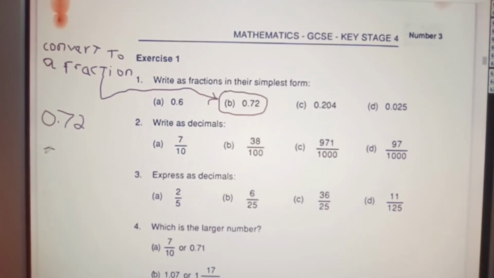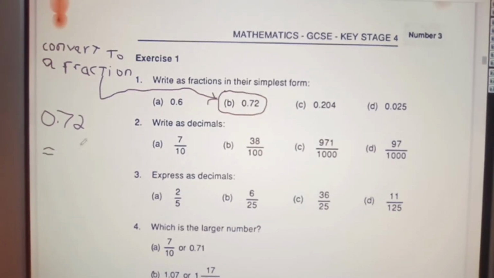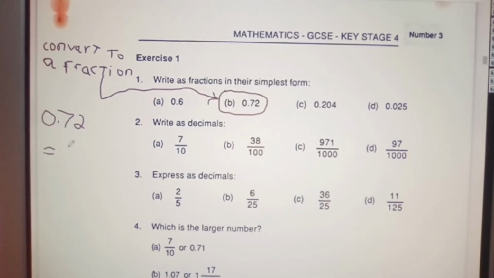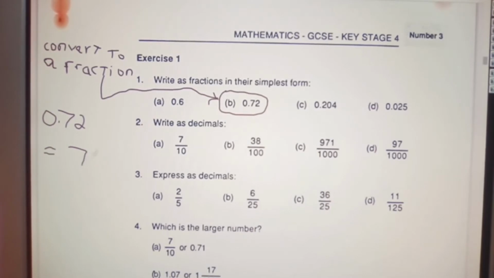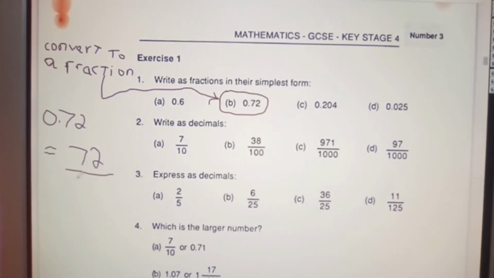Equals, now I've moved this two places to the right, so that's going to give me 72 over 100.